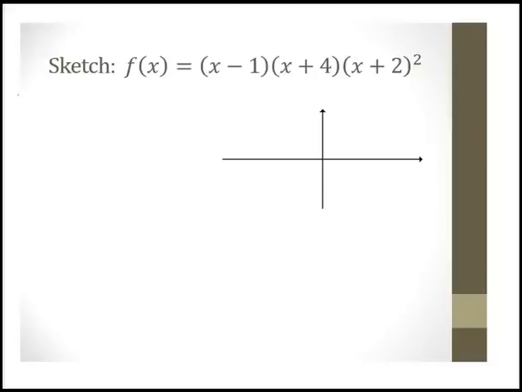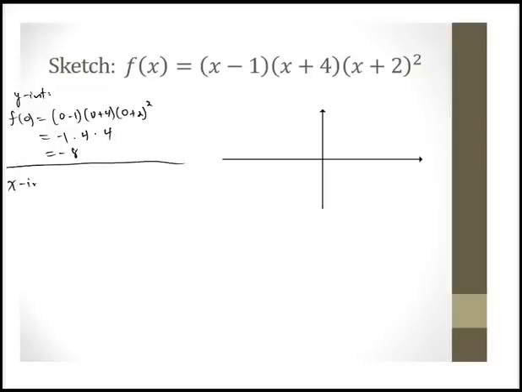We have a y-intercept. Finding f of 0: f of 0 would be 0 minus 1 times 0 plus 4 times 0 plus 2 squared. That would be -1 times 4 times 4. That would be -8. We have the y-intercept.